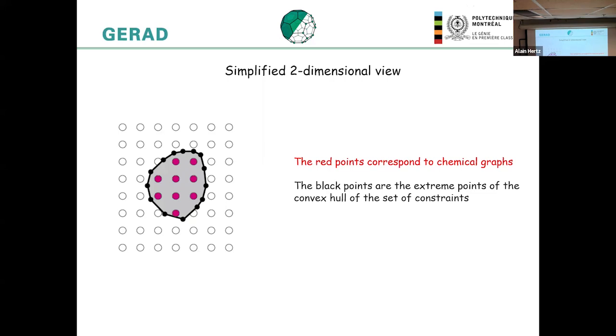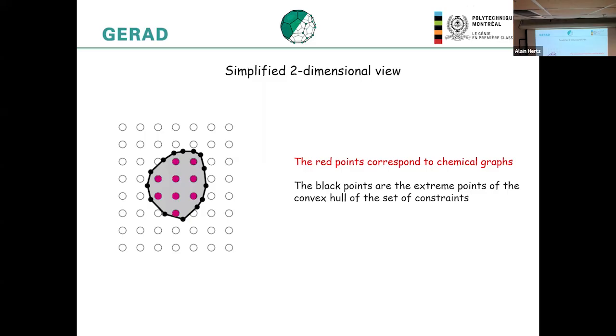And if you have an integer solution in the gray part, it's a chemical graph. If you are outside of this gray zone, an integer solution is not a chemical graph. So the red points correspond to chemical graphs, and the black points are the extreme points of this convex hull. So what you want to do is to optimize a linear function on this set.